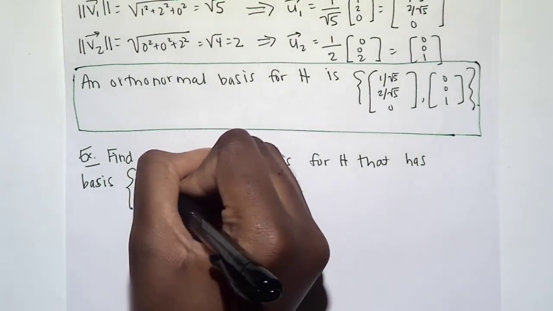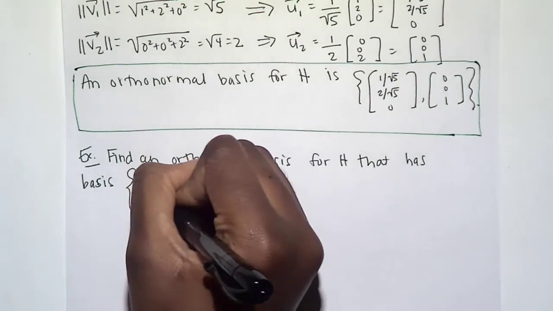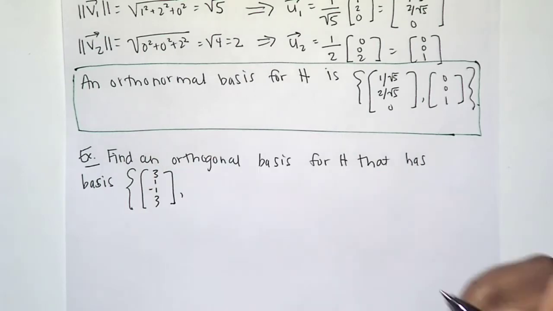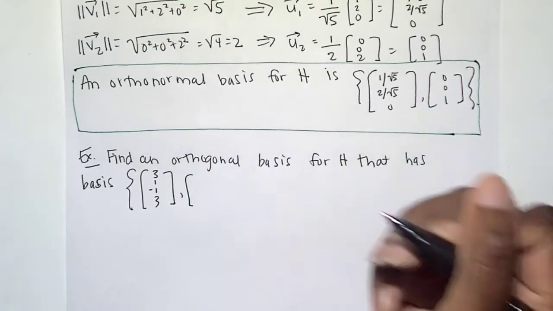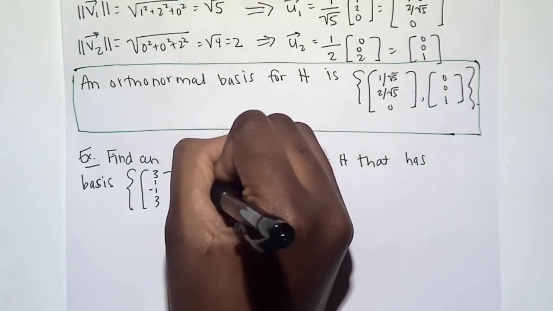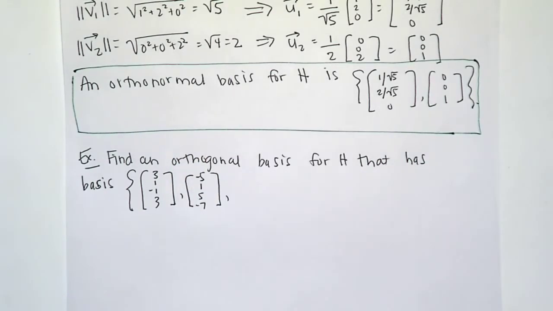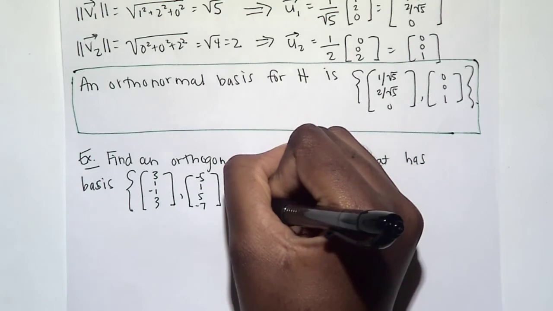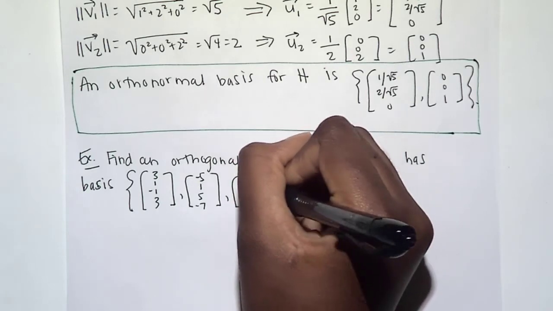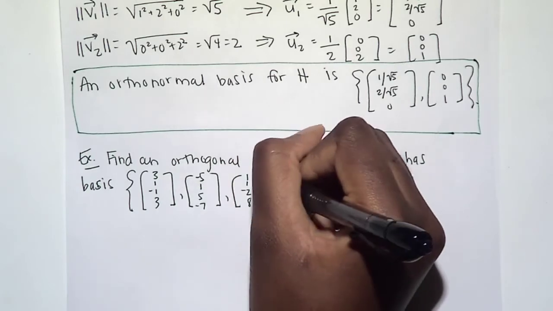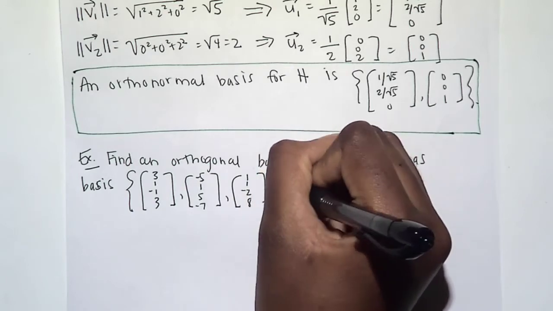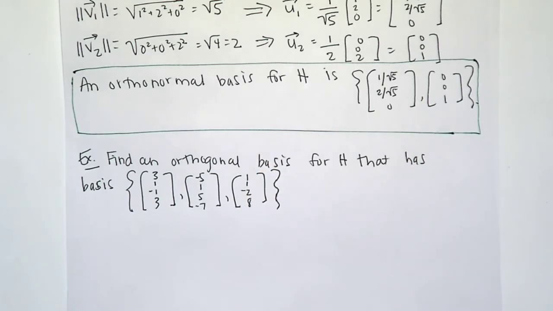So 3, 1, negative 1, 3. Negative 5, 1, 5, negative 7. 1, 1, negative 2, 8. All right, so these are our regular basis elements.